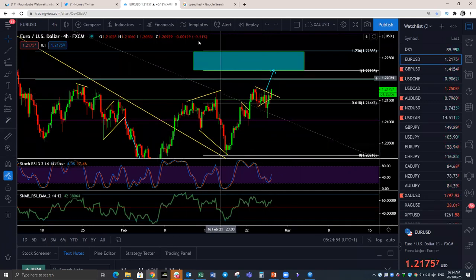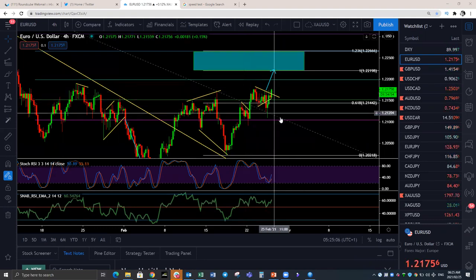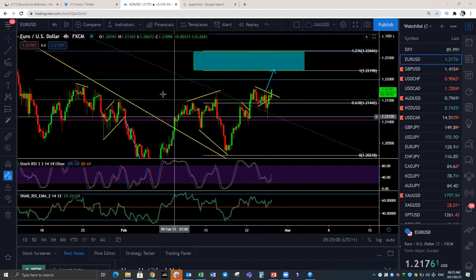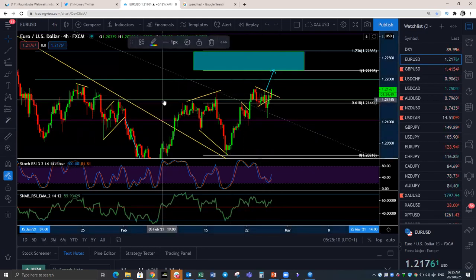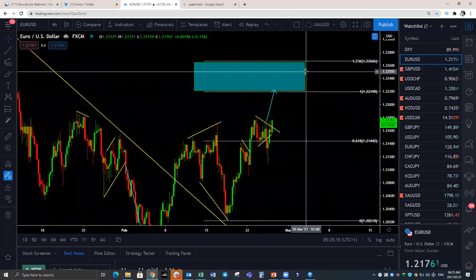Look at the indicators. This is at the bottom. This is above 50. So Euro US dollar looks very good for further upside here. Okay, so look for further upside here, and the entry is at current levels. Let me switch. Oh, let me take this off here. Let's just take this one off here.